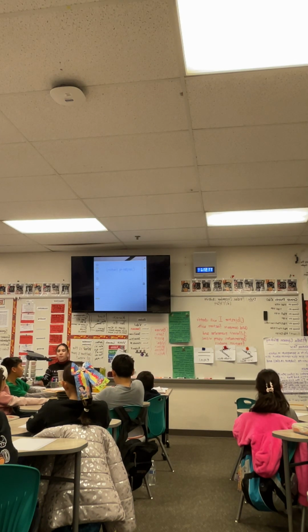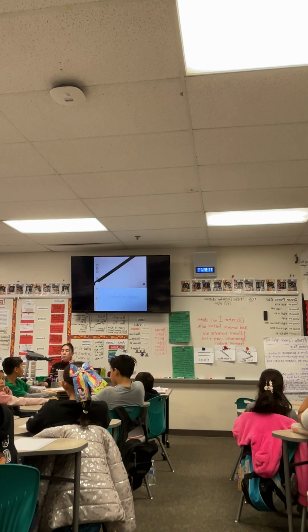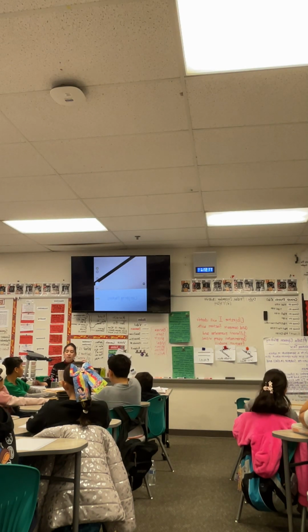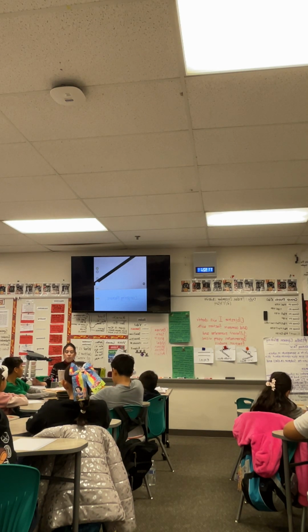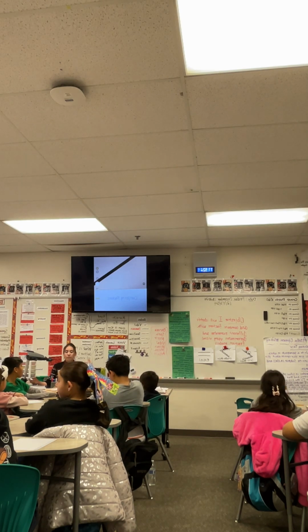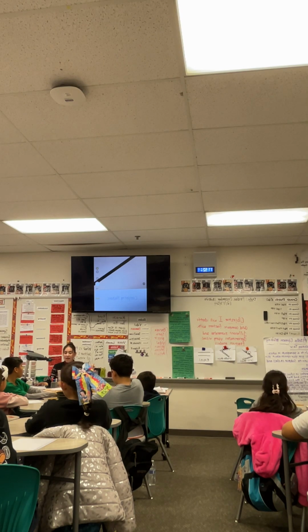Okay. You can see me over here? Yes. All right. So boys and girls, when we compare fractions, we need to figure out which one is bigger, which one is smaller, or if they are the same size. We can use again those tools like fraction bars, number lines, or fraction circles to help us see their sizes.